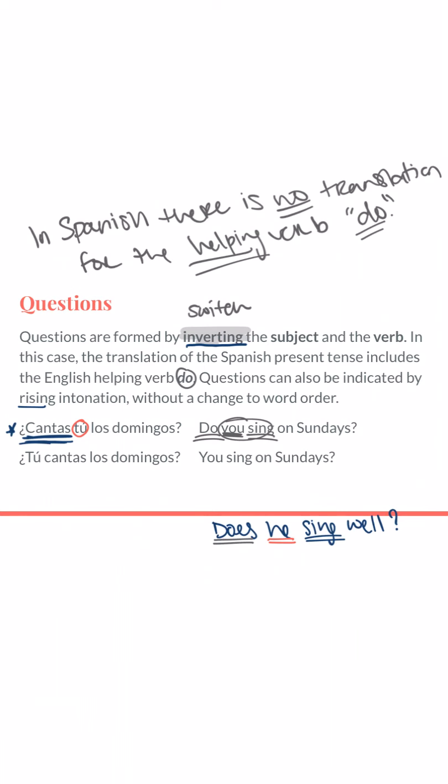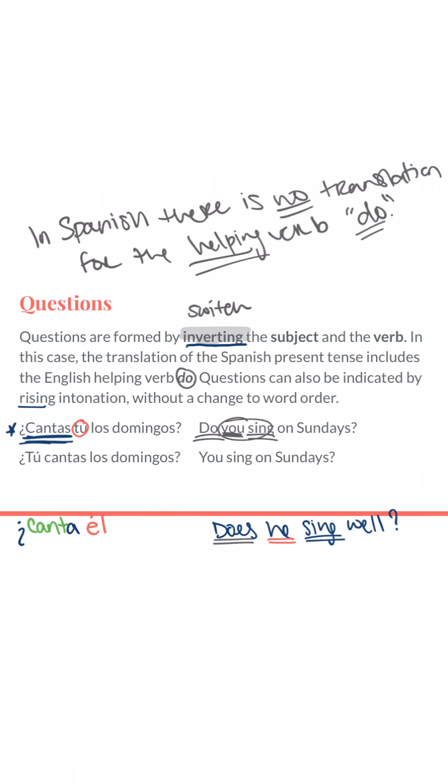So I'm going to begin, as always, with my upside down question mark, and I'm going to go straight into that verb. Now, my verb stem is cant, and then my verb ending that I'm going to include is a: o, as, a. So there we go. We have canta, and then my subject, which is él.